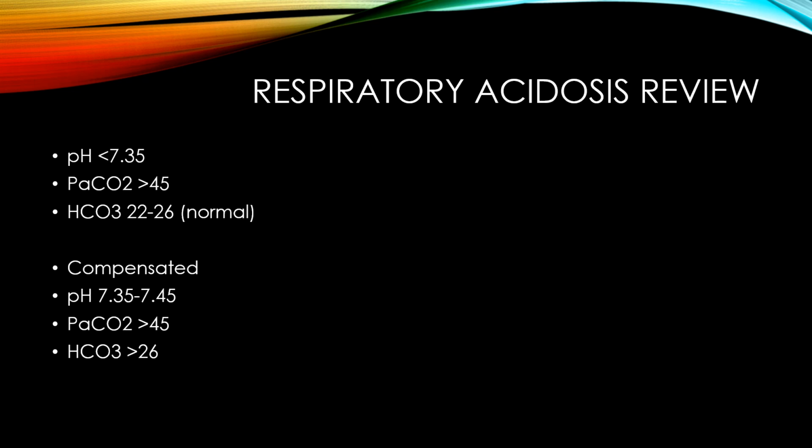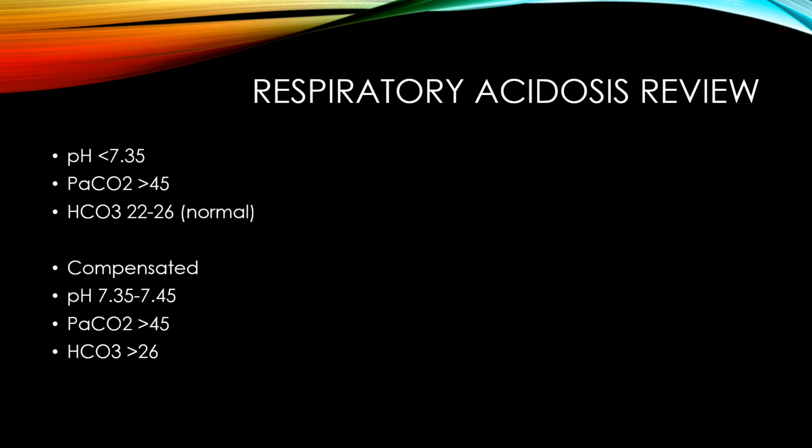Now, when our patients are compensated, so we'll hear this term compensated, and this has to do with whether or not the kidneys have actually kicked in to try to bring that pH back to normal range. So if we are fully compensated, that means that we will have a normal pH. So it will be back within that normal range of 7.35 to 7.45.